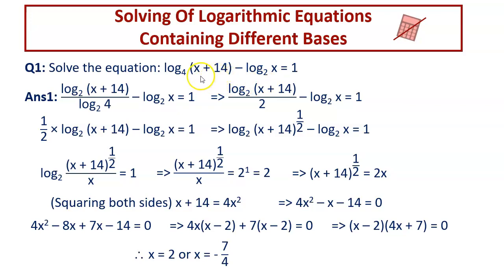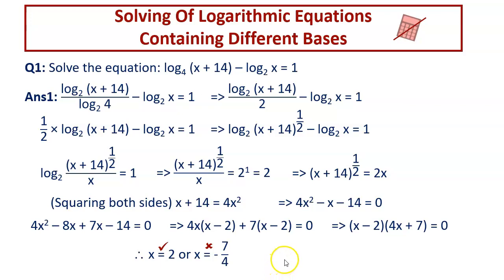When x equal to 2, 2 plus 14 is 16, a positive number, and 2 is a positive number. So we can take the value of x as 2. But what about negative 7 over 4? For x equal to negative 7 over 4, we cannot have a negative argument. So we have to reject this. Okay? So this can be taken, but this should be rejected.